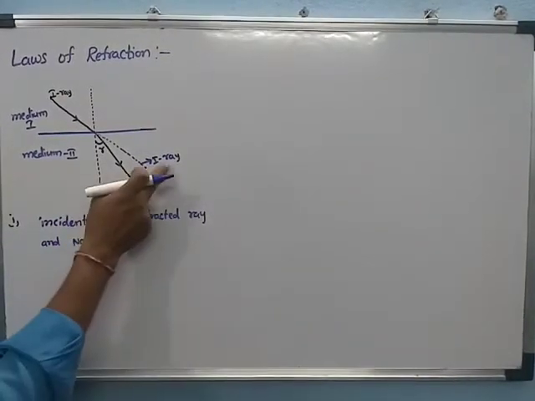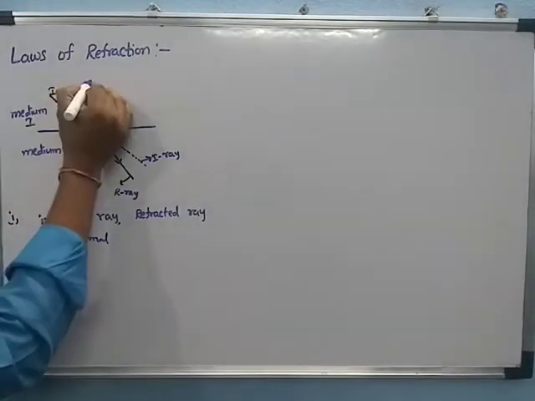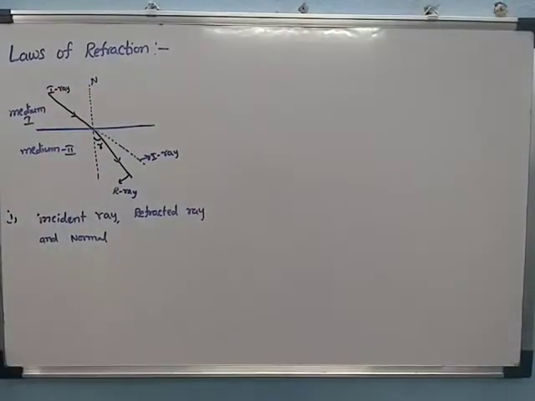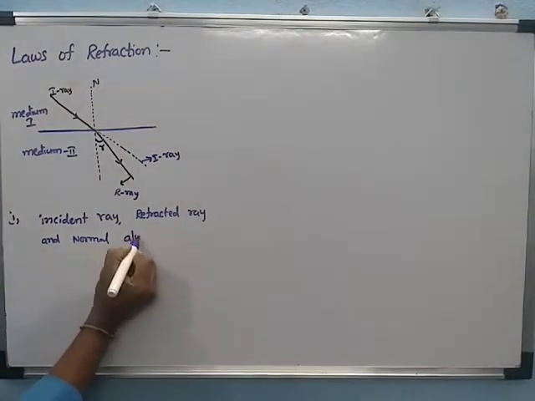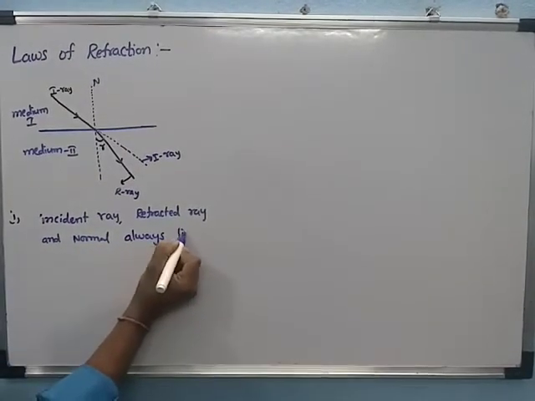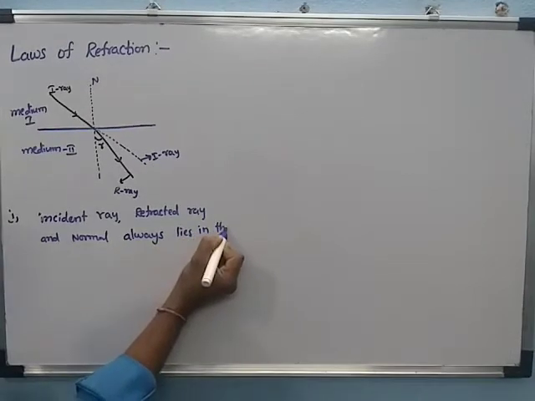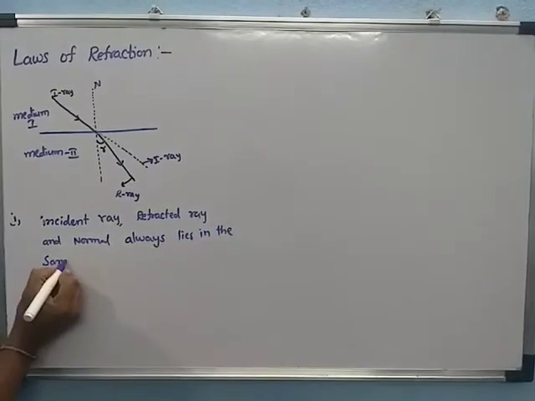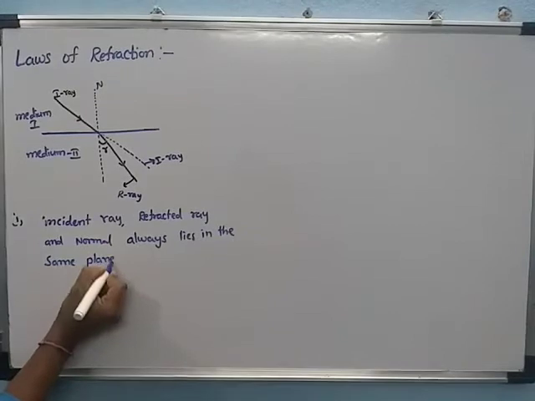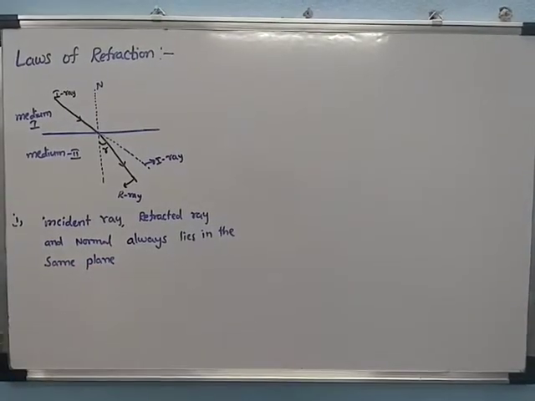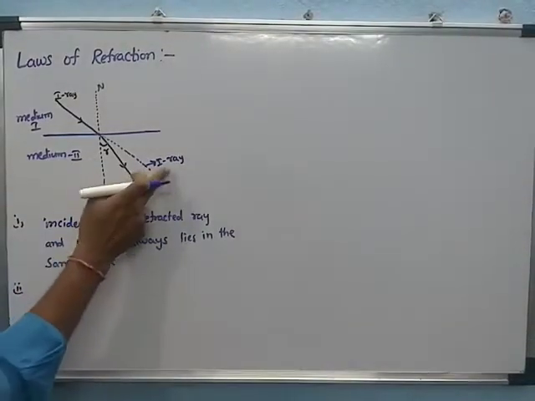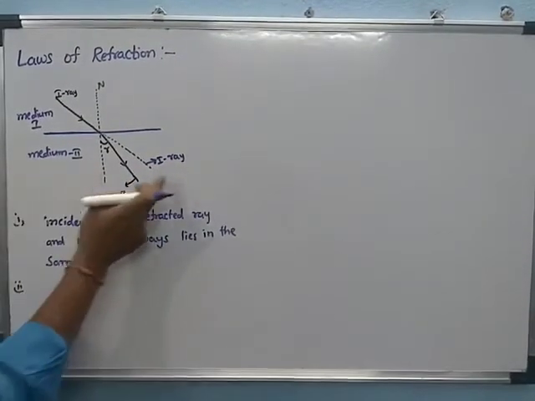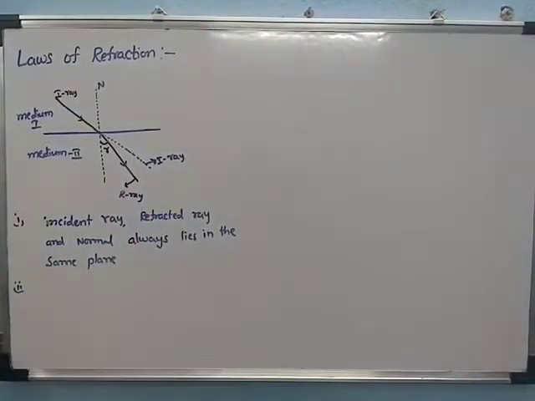This is the incident ray, the refracted ray, and there is also a normal. They always lie in the same plane. This is the first point: the incident ray, refracted ray, and normal lie in the same plane.